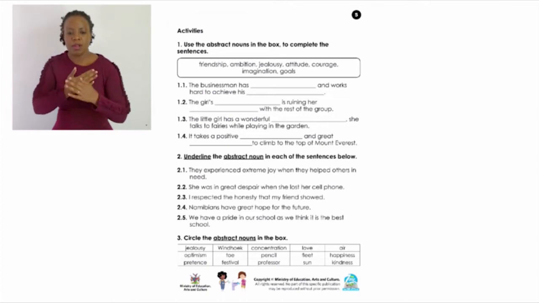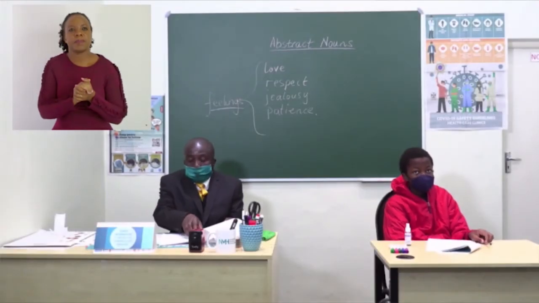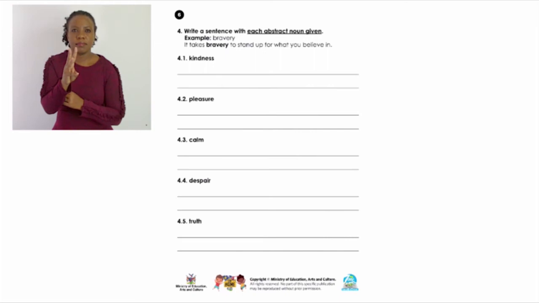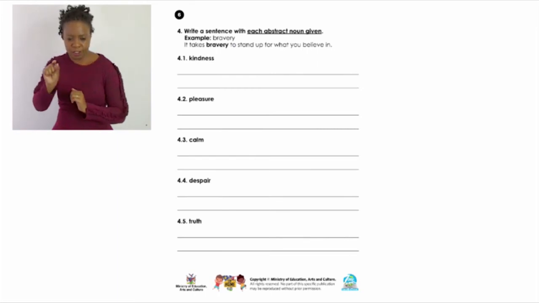Okay. If we turn to page 6, the 4th activity, it says, write a sentence with each abstract noun given.